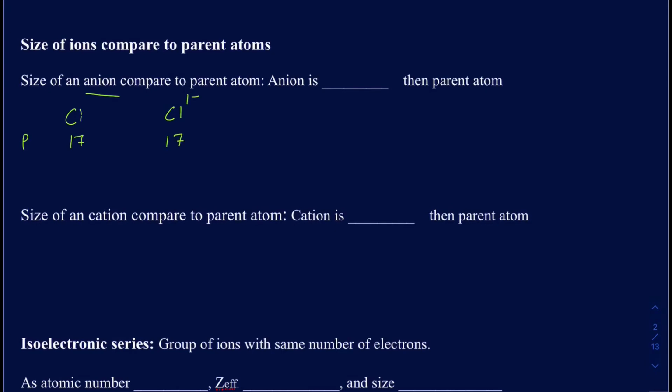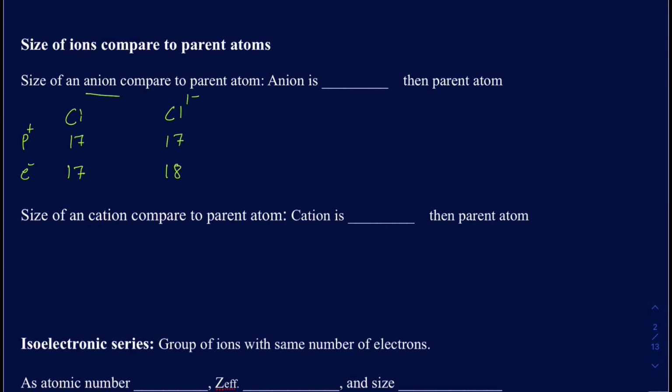If you change the number of protons, you're actually changing the element. Now let's look at the electrons. So the number of electrons in chlorine is going to be 17 because it's neutral. Now chloride having a 1 minus charge means it's going to have 18 electrons.